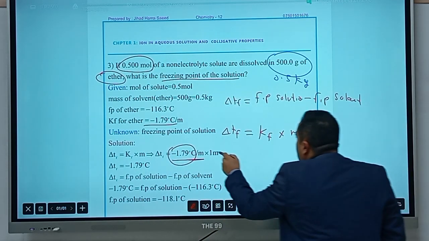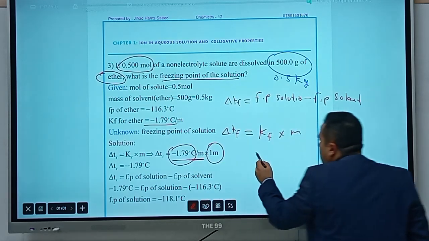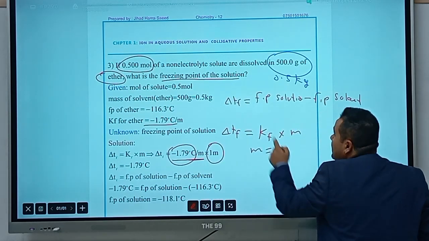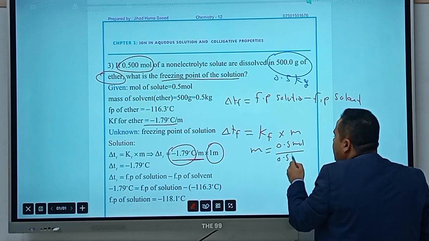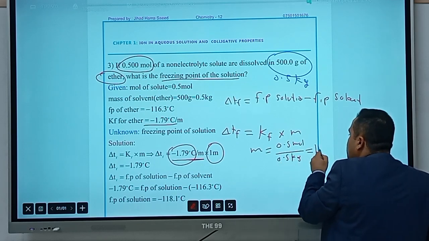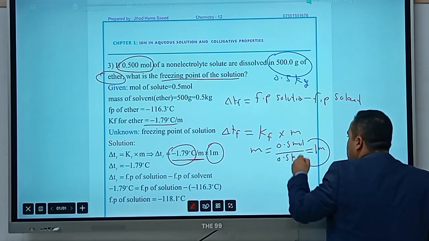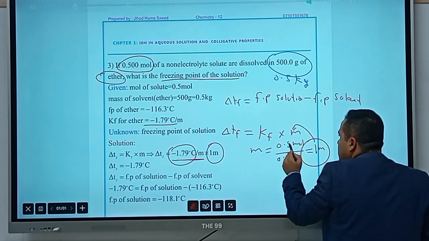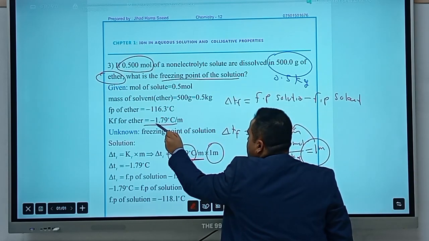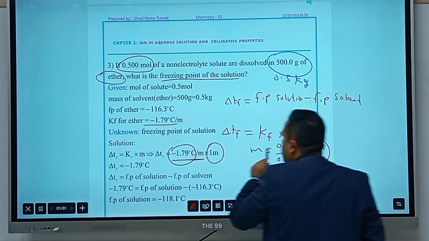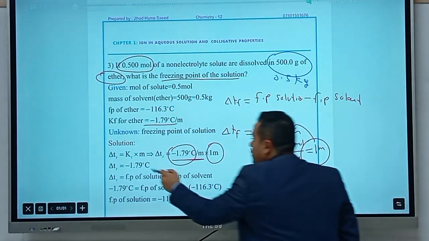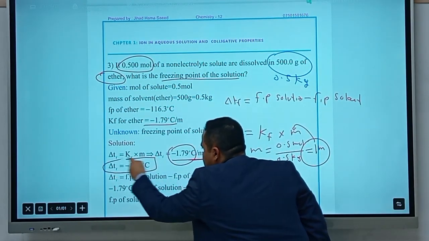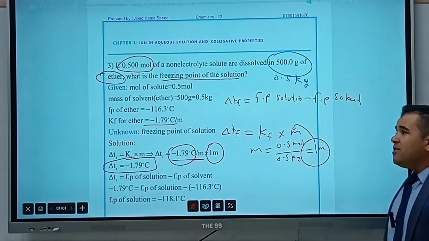And we calculate the molality by dividing the 0.5 mole by the 0.5 kg, which results in 1 molal. We use the molality here, and the Kf of ether must be given, guys, minus 1.79 Celsius per molal, so this results in a delta TF of minus 1.79 Celsius.